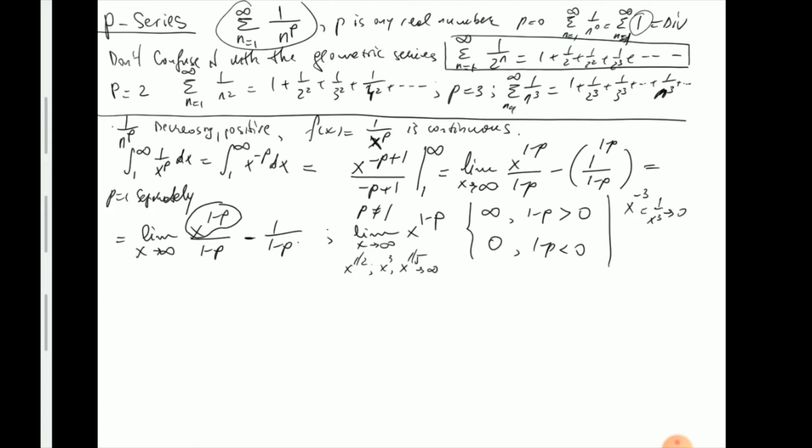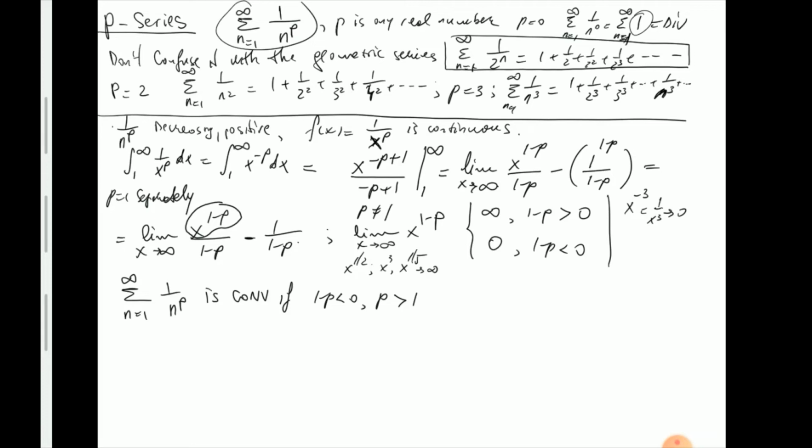So we concluded, therefore, that the summation from 1 to infinity of 1 over n to the power p is convergent if 1 minus p is less than 0, which is to say p greater than 1. And let's see what happens if p is equal to 1.